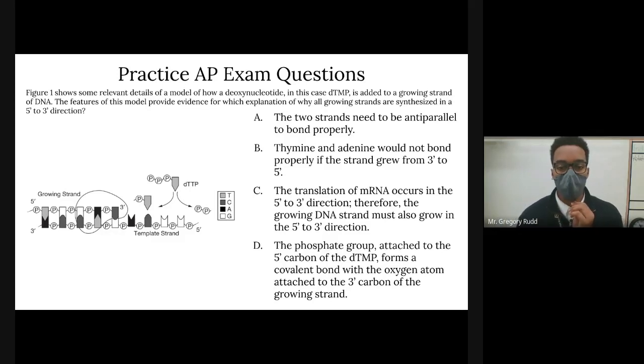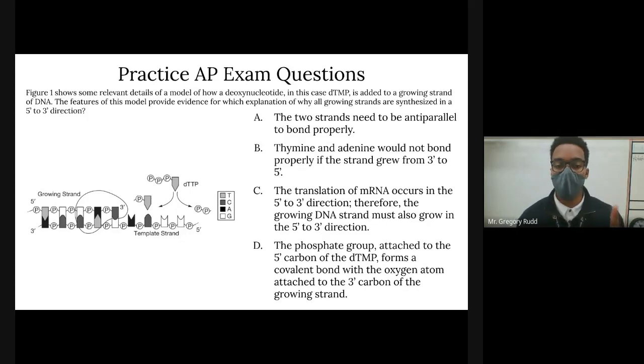Let's just take another look at those. C says the translation of mRNA occurs in the 5' to 3' direction. Therefore, the growing DNA strand must also grow in the 5' to 3' direction. Now, in response to that answer choice, I know I ruled it out the most recent time I read the question, but we do want to pay attention to those first 5 words of the question, which says the features of this model.